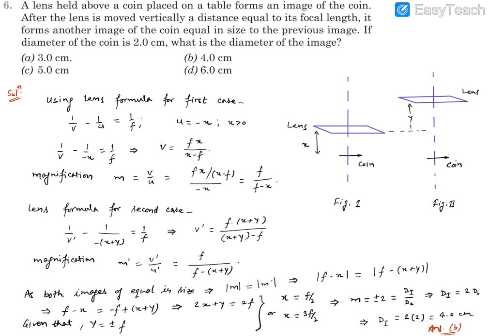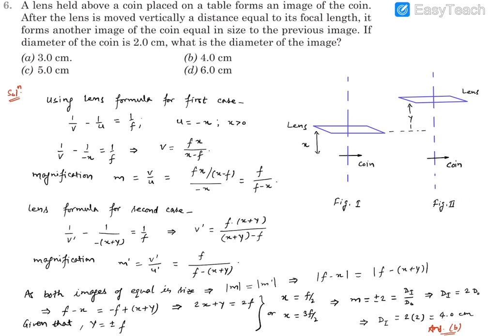Then we need to say that since both images are of equal size, their magnifications need to be identical. Now it might be the case that in either of the two magnifications we have got as a formula, maybe plus or minus, right?